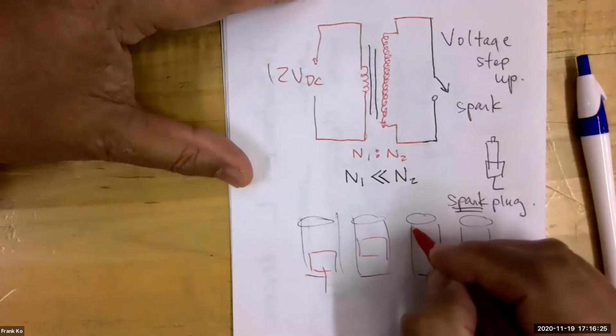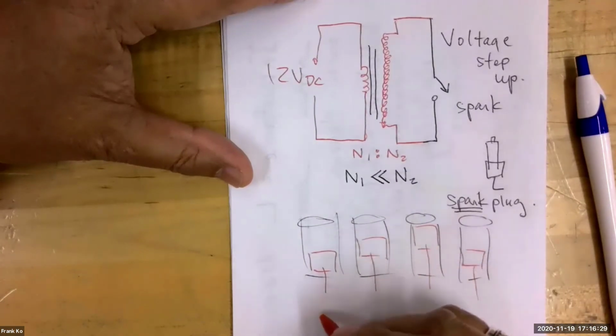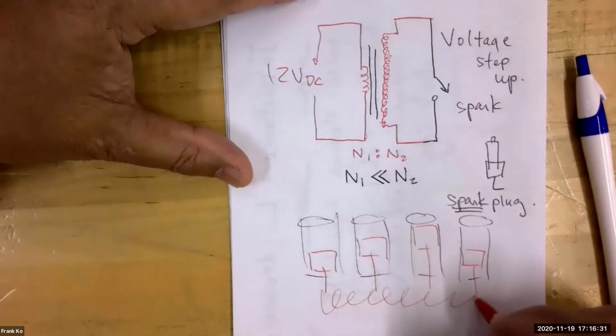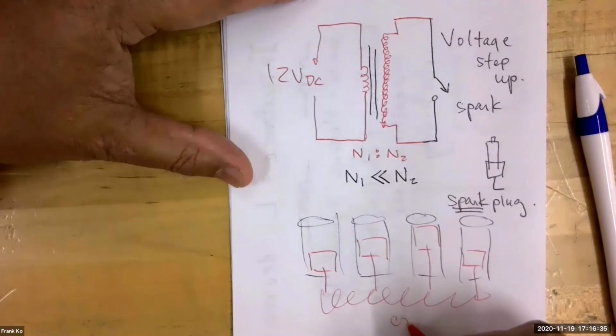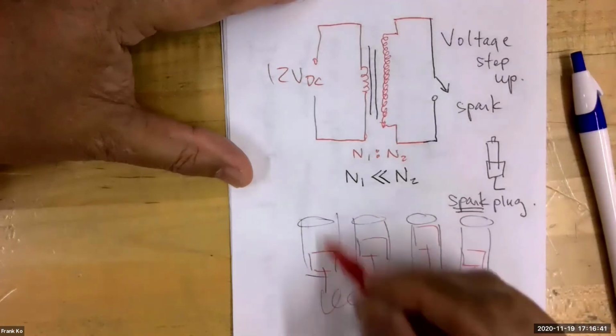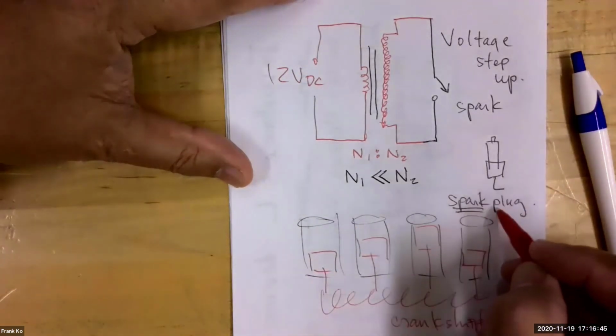So one piston's here, one piston might be up here, another piston's here, and they're all attached to your motor crankshaft, as we'll call it. And what causes these pistons to move up and down inside these cylinders is your spark plug.